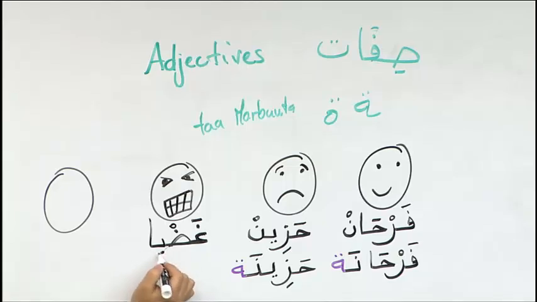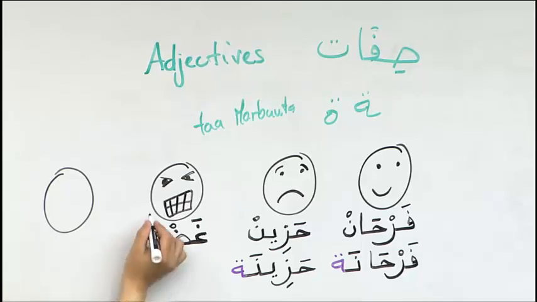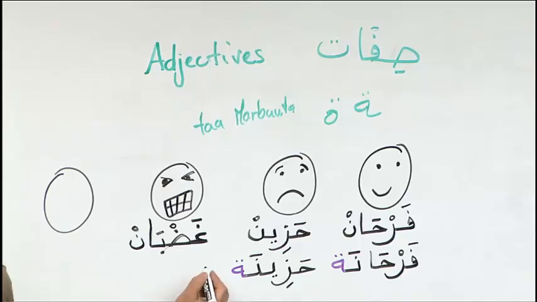What letter is this one? Ba. And I'm putting fatha on top of it. And alif. Can somebody read this one? Ghadban. Angry. Ghadban. And for a girl?